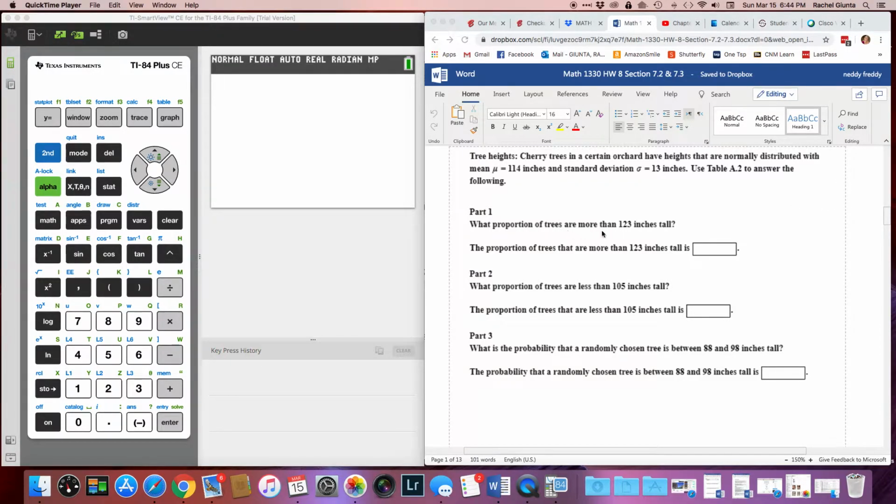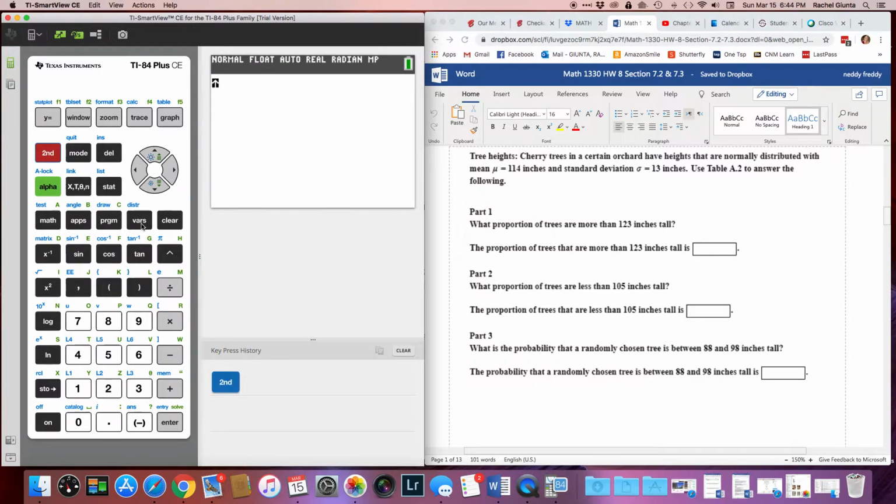And in the wording now, when it says more than, you don't have to change this number. You'll be using the exact number that they give you. You don't have to worry about the more than 123 versus 123 or more like you did in the binomial thing. You'll just always enter the number that is given to you in the problem, which is a very nice thing.